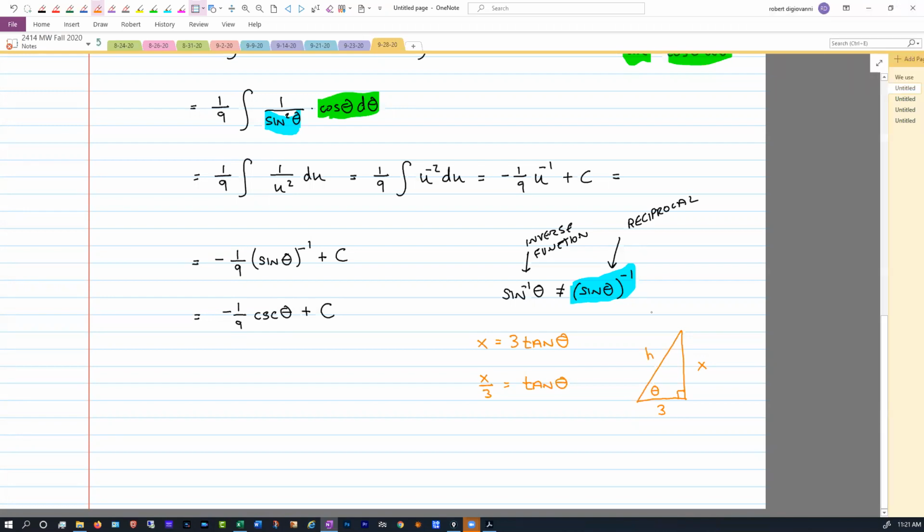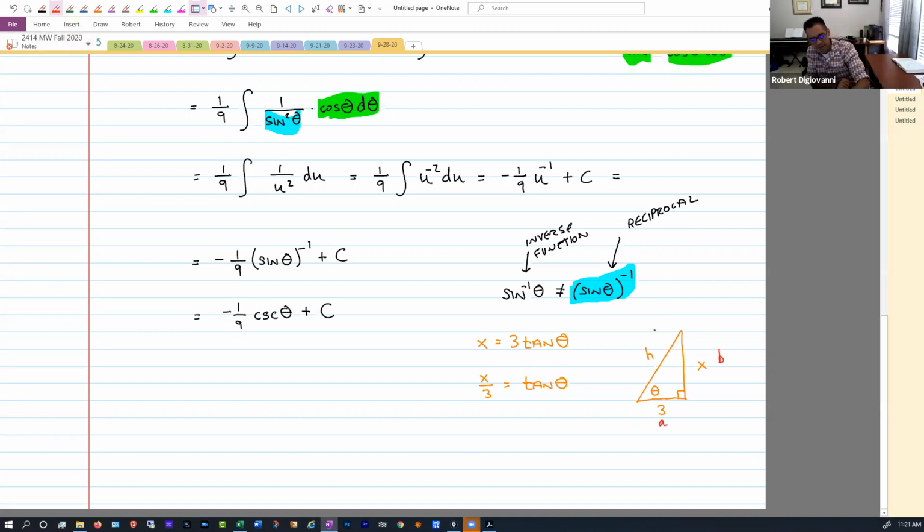The Pythagorean theorem. Right? We know that essentially we have something like a, b, and c, so a squared plus b squared has to be equal to c squared. If we work through this, we have 3 squared plus x squared equals h squared, the hypotenuse squared.